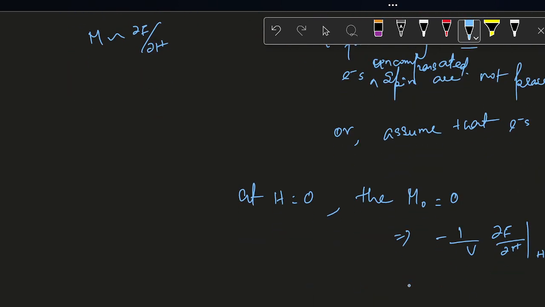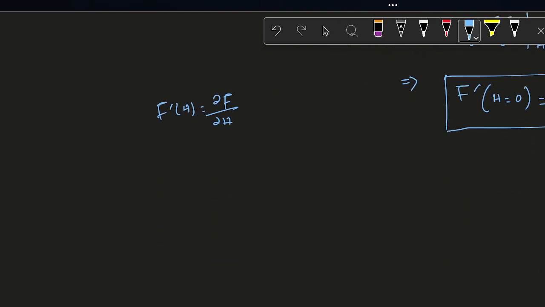And because v is a finite volume, basically your f prime at h equal to 0 is equal to 0. Why? Because it is a diamagnet, where f prime h is your del f del h. Okay. Now one factor is done.